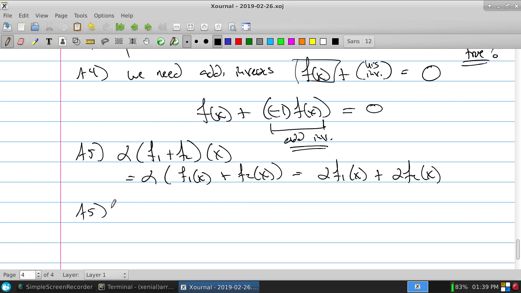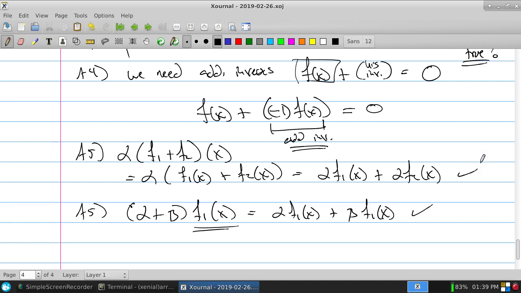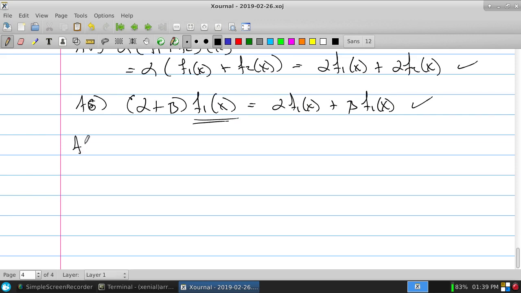So yes, that holds. A5. What if I would take an alpha plus a beta and then have f1 of x? Well, f1 of x is what? It's a real number. So it distributes from the right, and that becomes alpha f1 of x plus beta f1 of x. So, yep, those work as well. A6. Thank you. Seven.